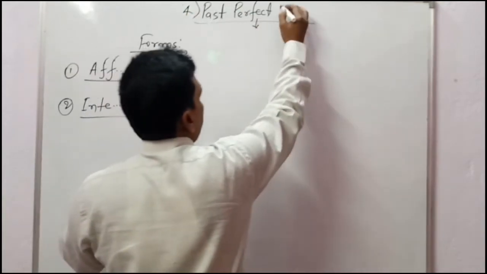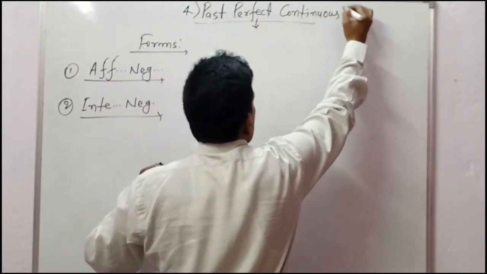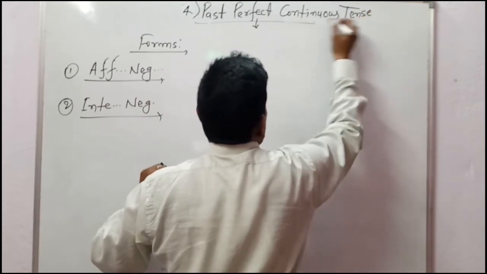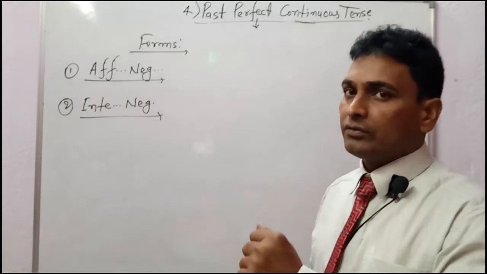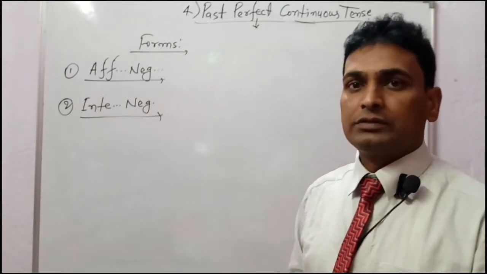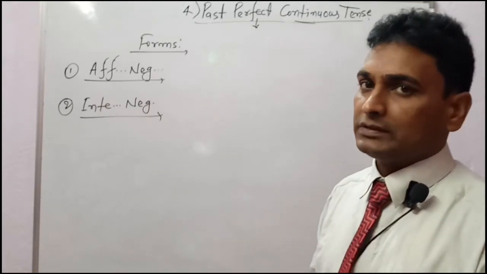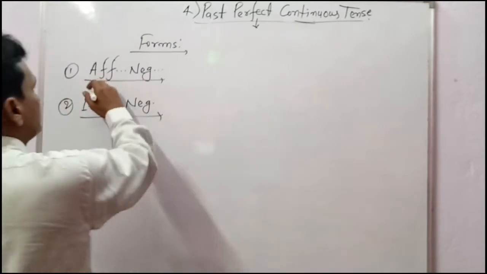The fourth one, past perfect continuous tense. In such sentences, there is also continuity with the actions, but that will be with the time denoting words. You will get some time denoting words in that, right? Let's do its formulas.